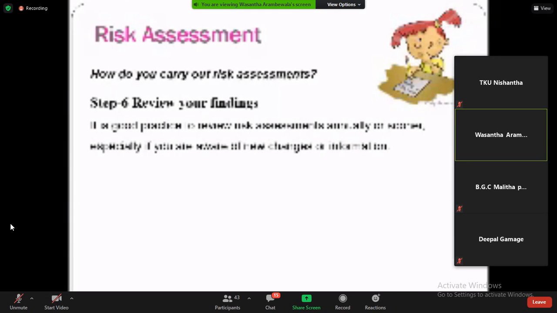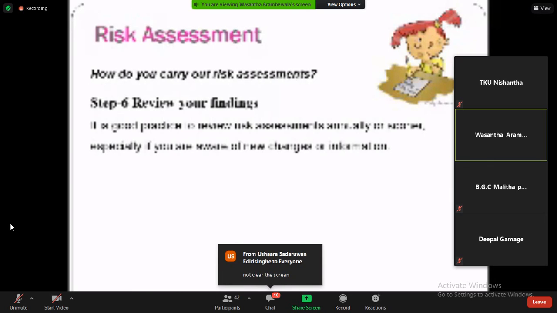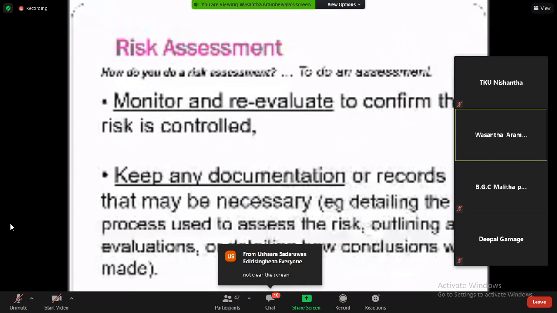If a process changes, you have to do it. If there are any changes like that, you have to review your assessment. Understood? Clear? Right. So monitor and re-evaluate, confirm the risk control. Very important. You have to monitor, re-evaluate, risk control.